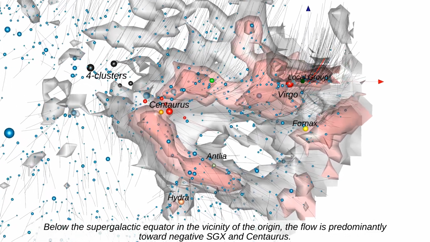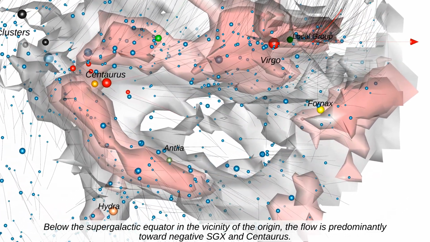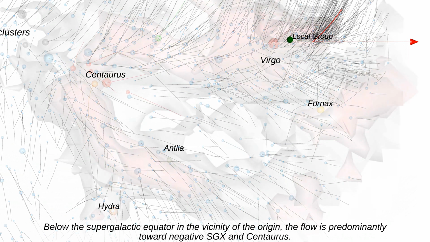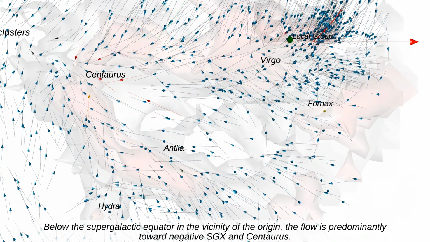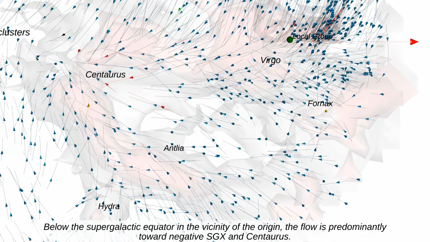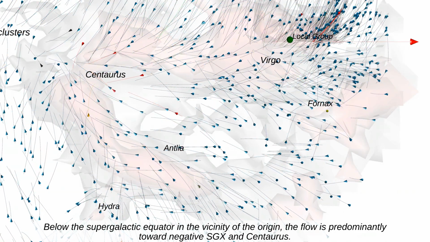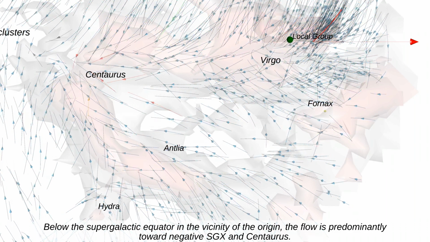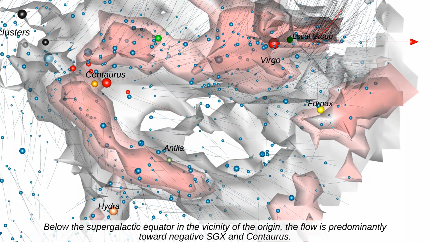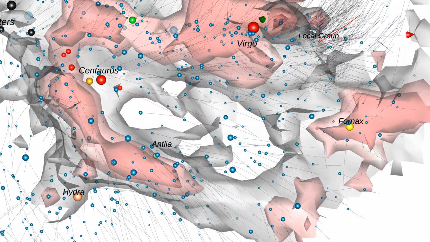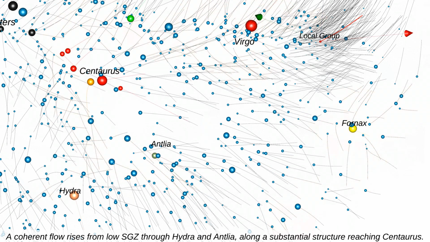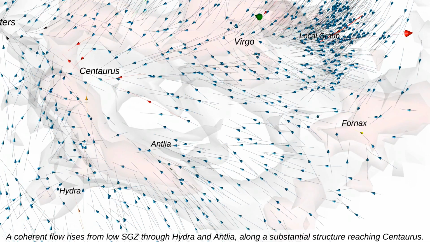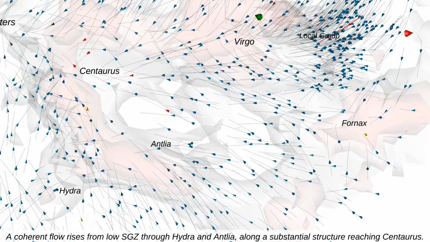Below the supergalactic equator, in the vicinity of the origin, the flow is predominantly toward negative SGX and Centaurus. A coherent flow rises from low SGZ through Hydra and Antlia along a substantial structure reaching Centaurus.